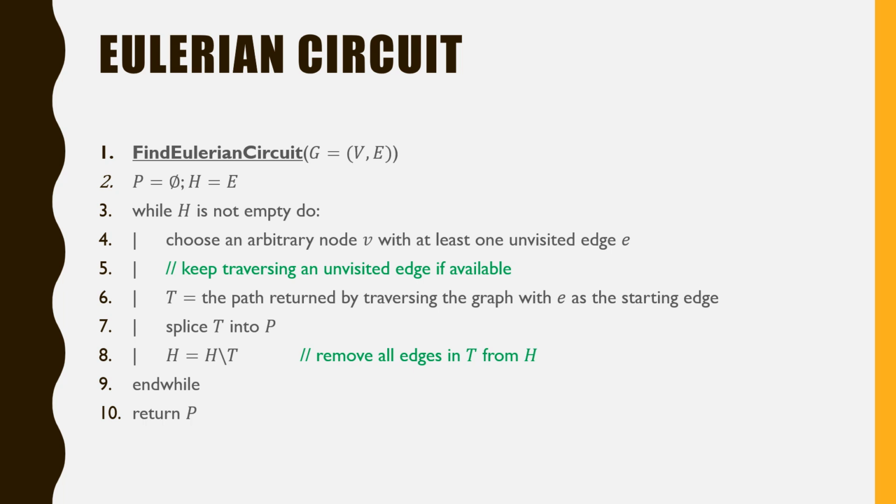In line 4, we select an arbitrary node V that has at least one unvisited edge E connected to it.